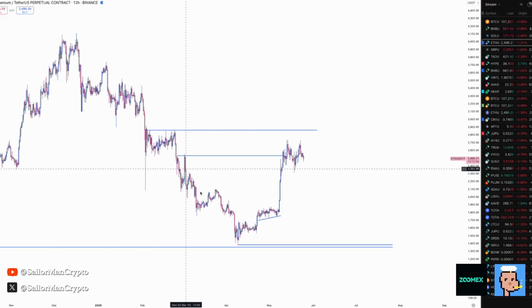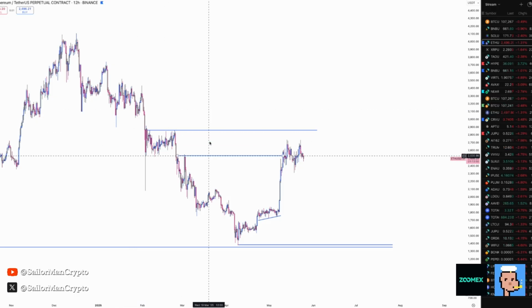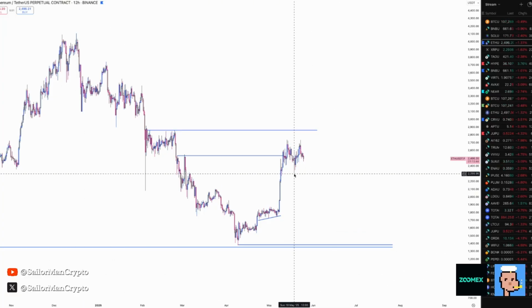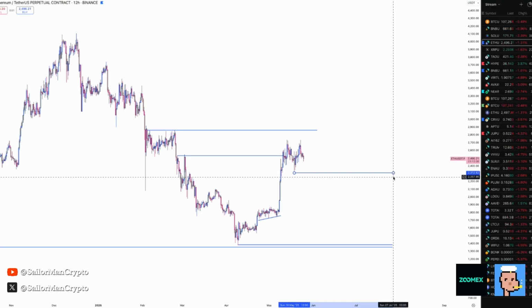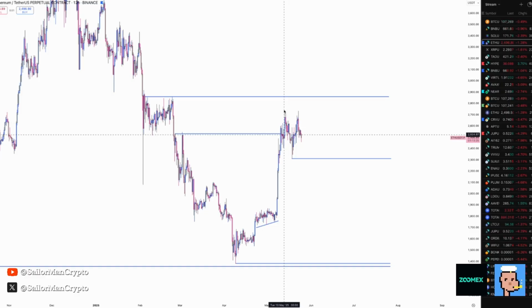Downtrend distribution continues to go down. It's not an accumulation because we are going down, and there is a lot of untapped liquidity just above this price. Below current price, we do have this liquidity here, and these are the levels that are helping us to map something. Finally, we do have also an equal low. So in this way, we mapped all the relevant liquidity around Ethereum here.